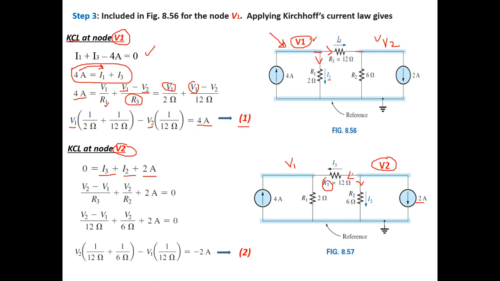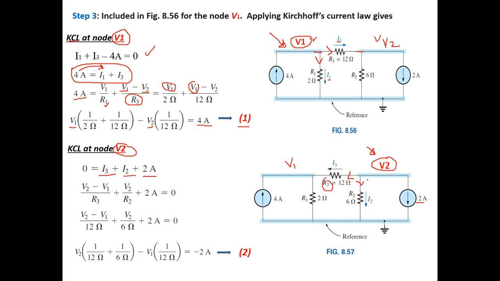I3 again, it's located between the two nodes, so it will be its voltage divided by its resistance. Its voltage is the voltage across R3 itself, which is the potential difference between node number 2, considered the highest now because I'm working on it, minus V1, over R3, plus I2.